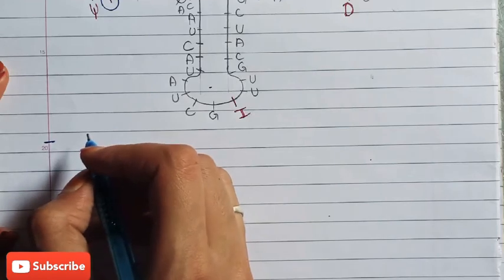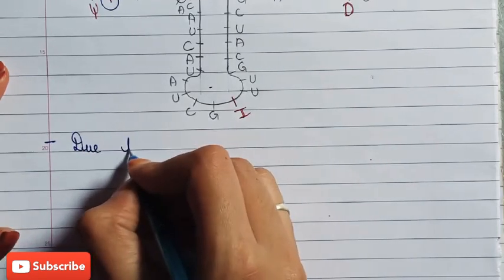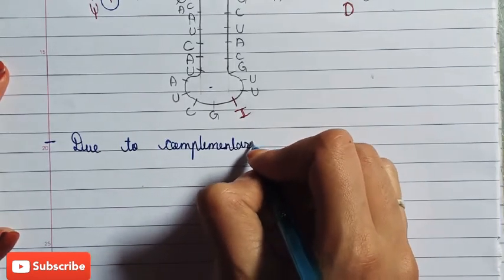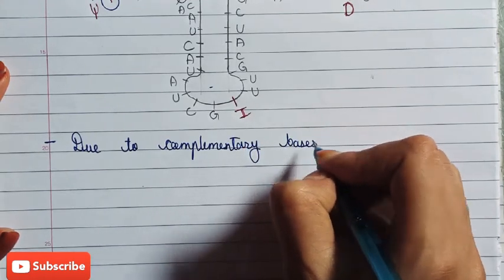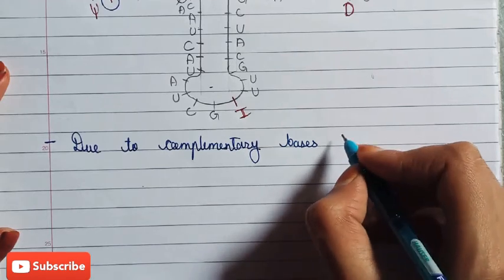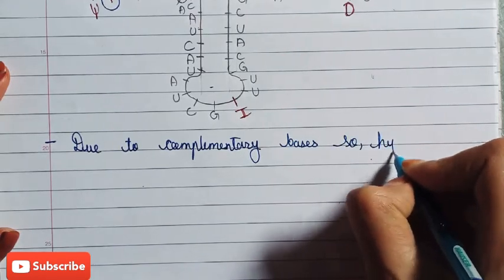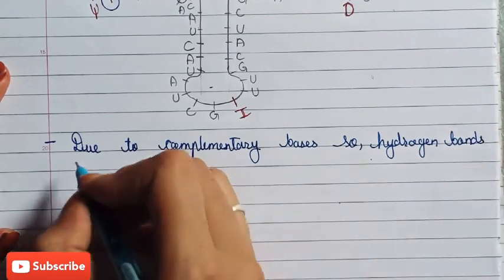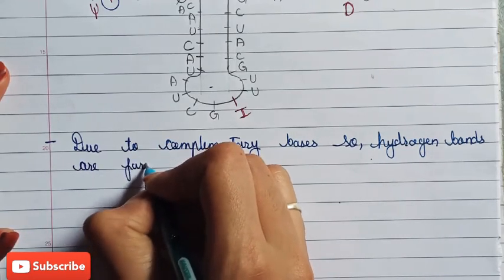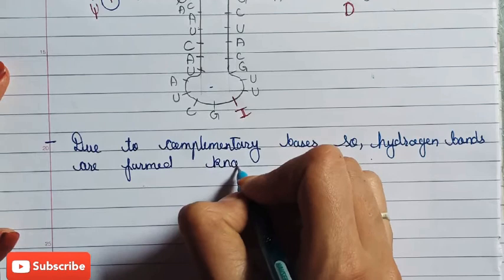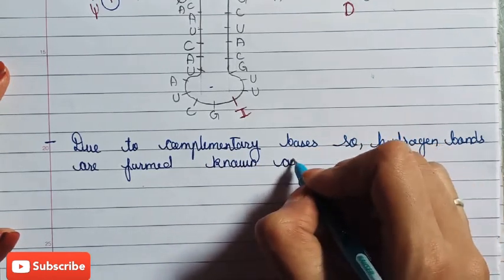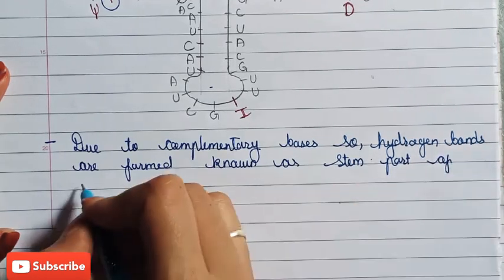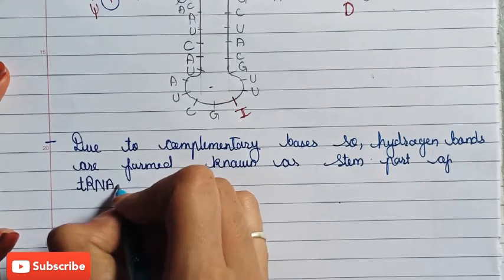Due to complementary bases being present, hydrogen bonds are formed, known as the stem part of tRNA, meaning transfer RNA.